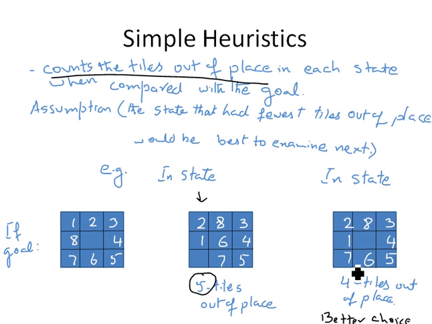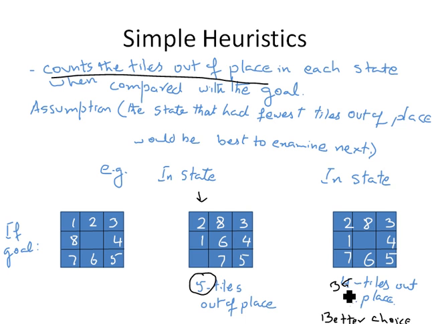And in this case, we have 4 tiles out of place, which are 2, 8, and 1. Okay. Actually, 3 tiles are out of place, not 4, because it's tiles 2, 8, and 1, and 3, 4, 5, 6, and 7 tiles are in place.